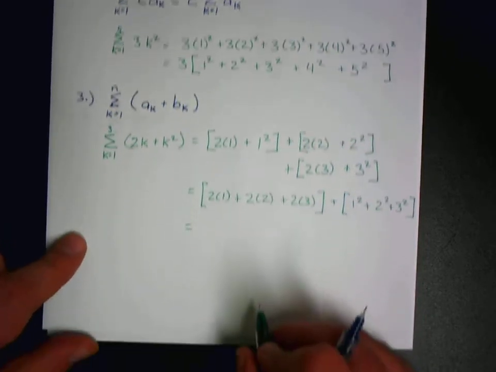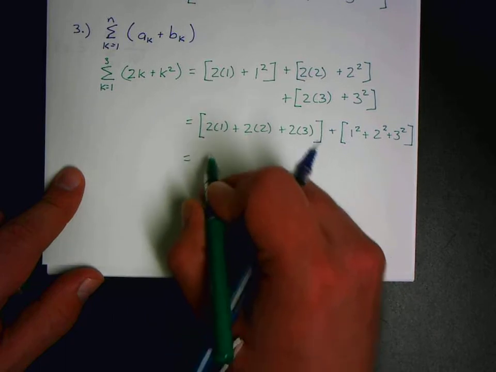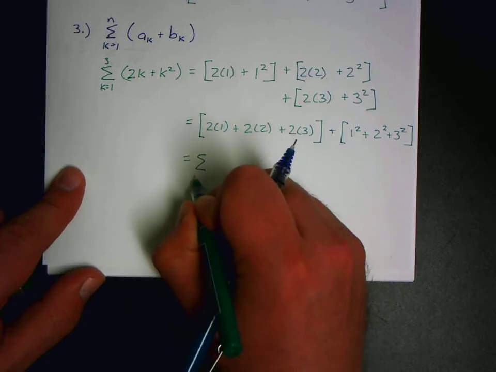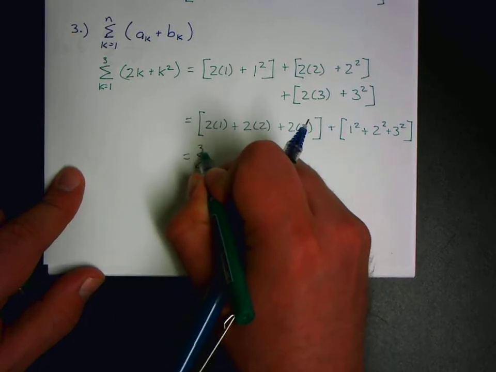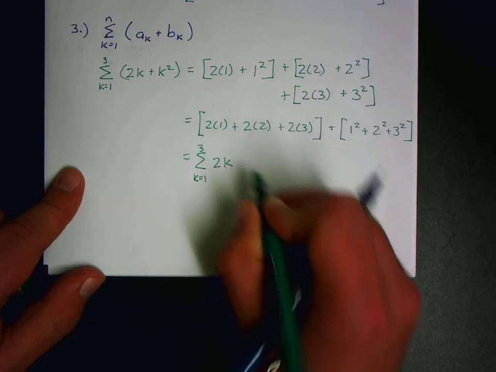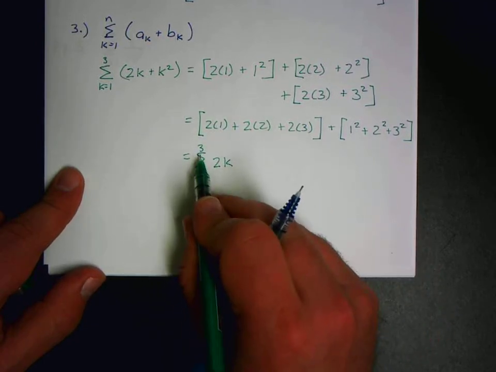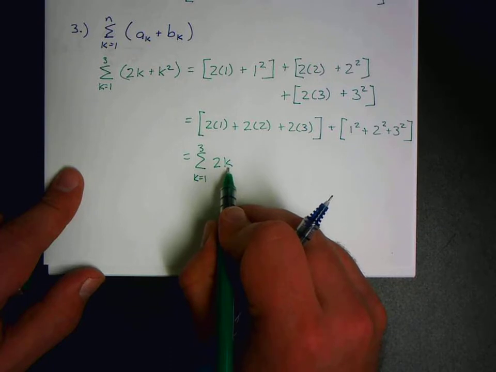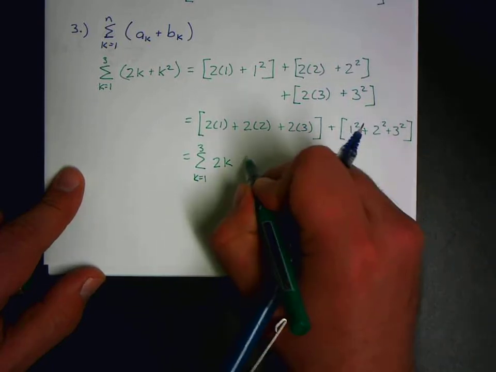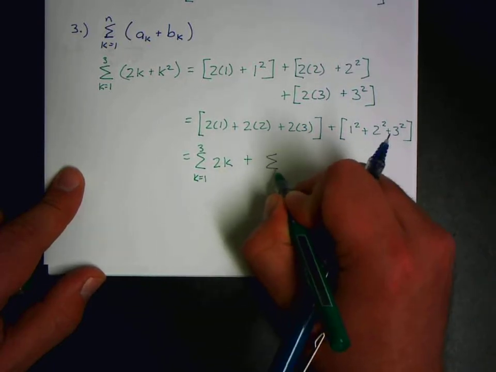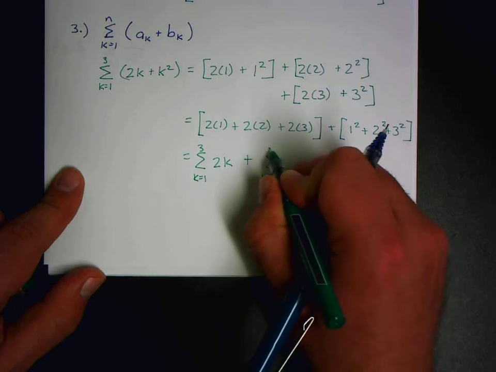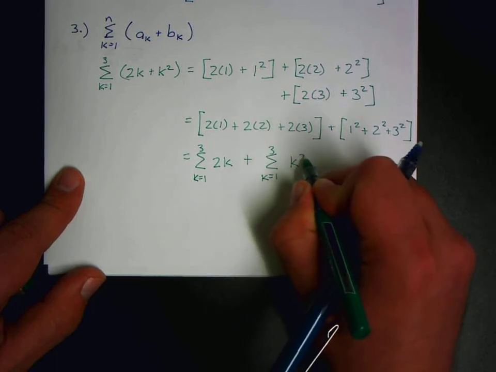So then this here is the summation of 2k, right? Plus, this is the summation of k squared.